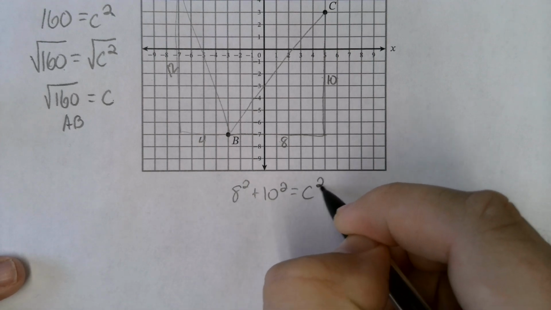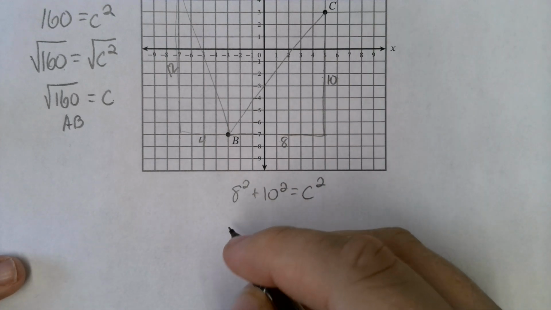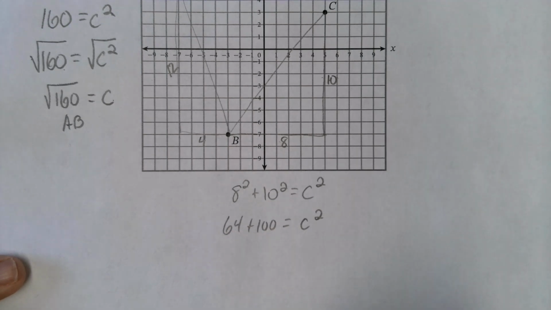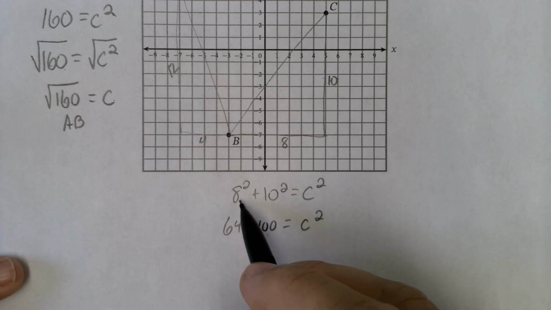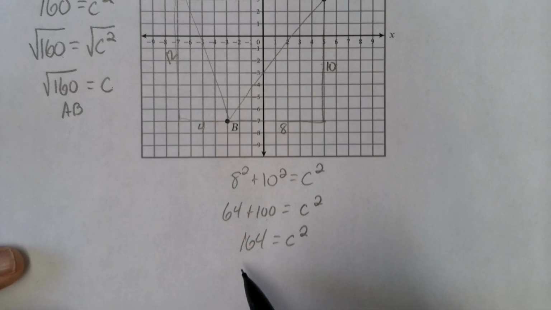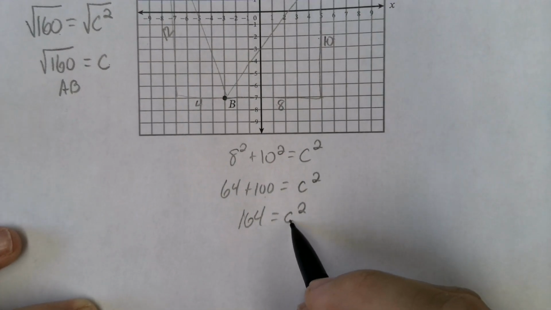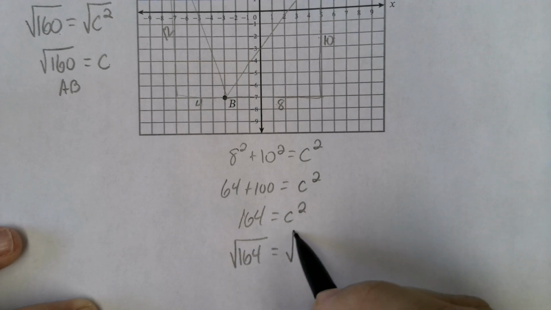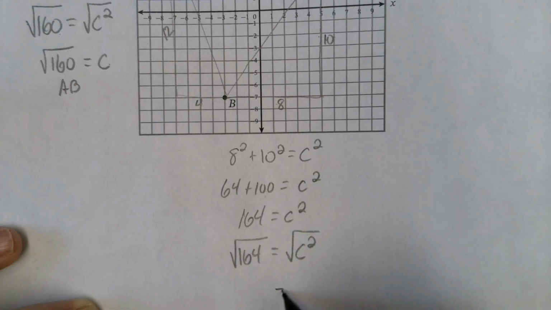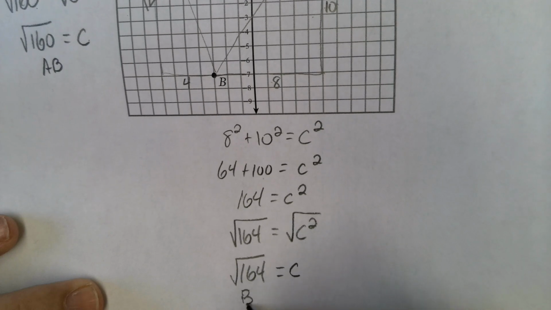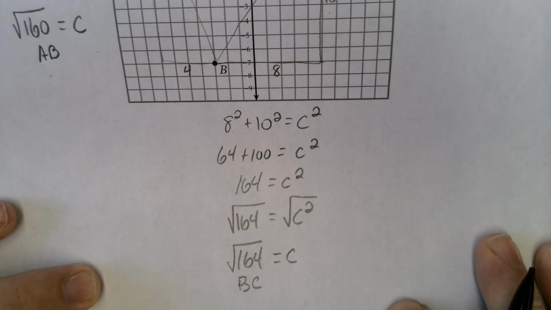Those are my legs, because I'm finding the hypotenuse. 64 plus 100 equals c squared. Once I square them, I'm going to add them together. And then again, to find c, I'm going to take the square root. The squares and square roots will cancel out, and I have, again, a non-perfect square. So BC is the square root of 164.